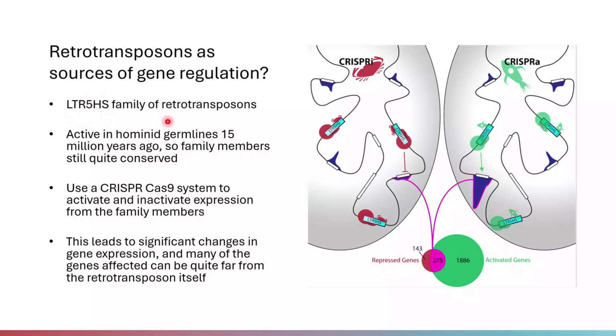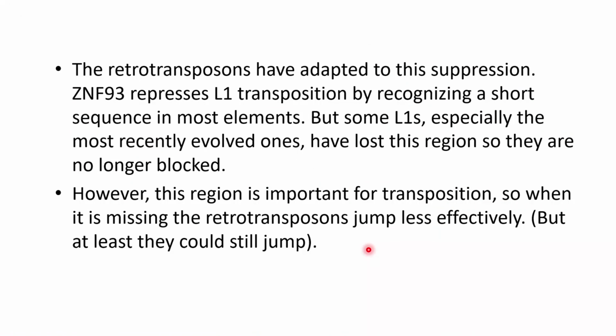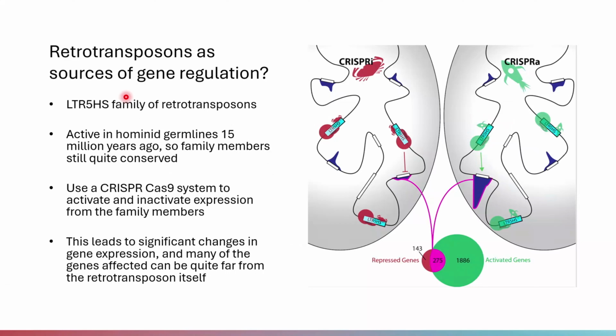So if it's conserved, that means there were some evolutionary forces that kept it conserved through time. As you can see, the others are evolving nonstop, and they're fighting with the shutdown mechanism to try to evade it. But this specific retrotransposon family seems to have stayed conserved across time.